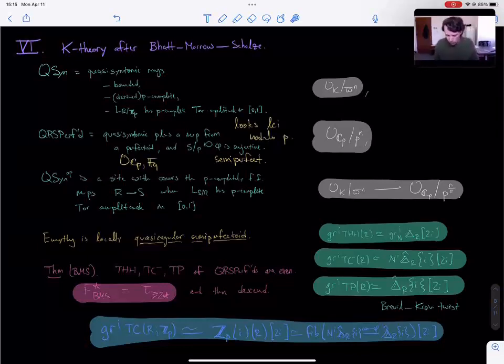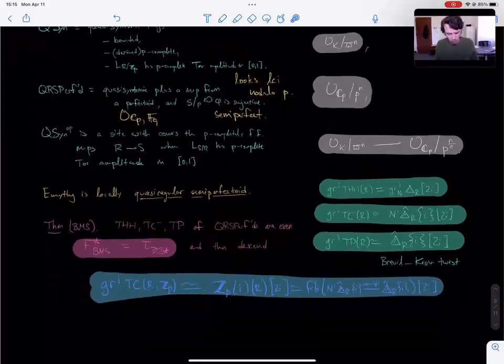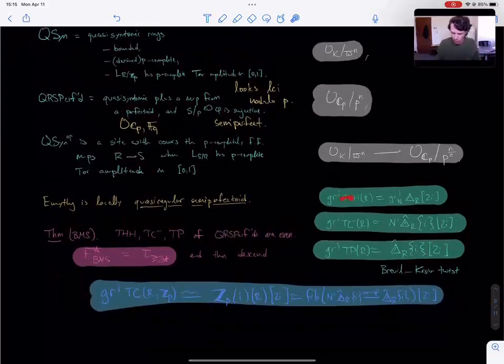And the point, very briefly because I'm a little short on time, is that all of these theories, THH, TC minus, TP, for quasi-regular semiperfectoid rings, they all end up being concentrated in even degrees. It's a calculation they do.